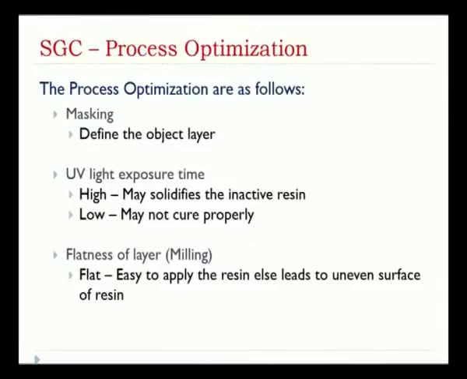The first thing is effective mask development. This is going to give the initial imprint to the material to be cured, followed by UV light exposure. As I said, the problem is that if I have a high level of energy supply with the help of UV, what will happen? It may cure the material that is not involved in product development.